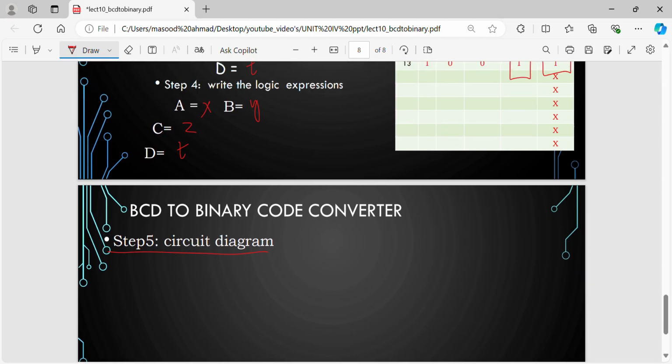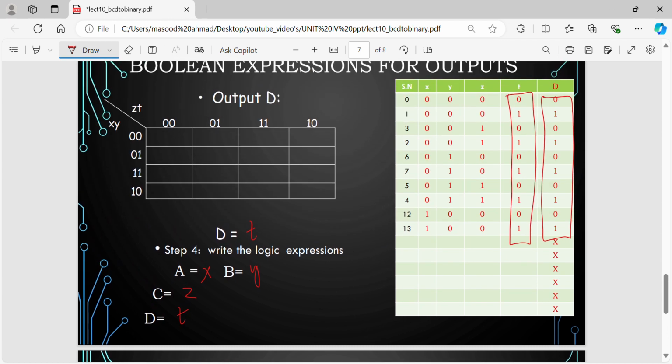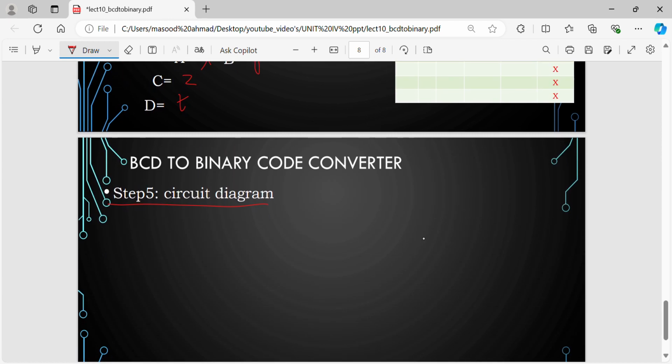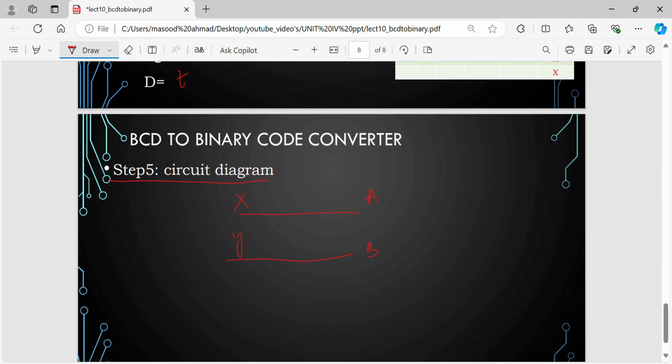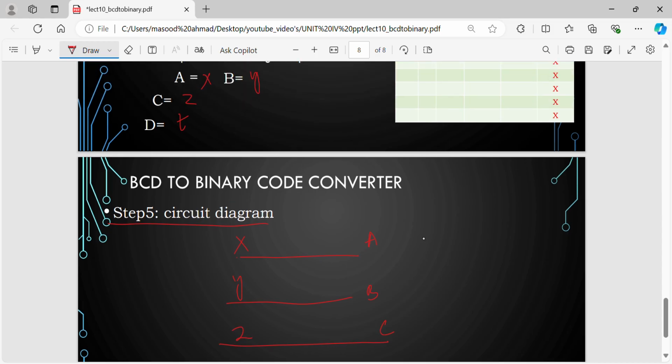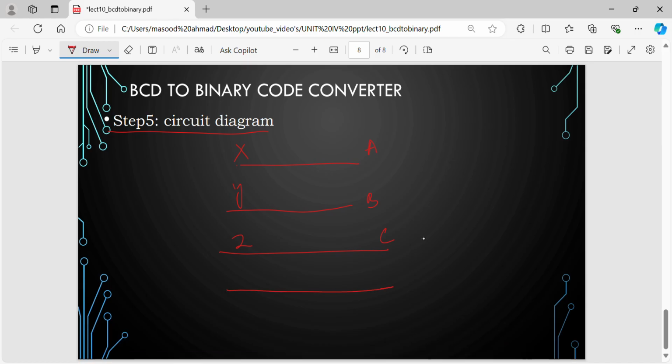You have X, Y, Z, T, and from there we are getting A, B, C, D. Your input X acts as output A. Input Y acts as output B. Input Z acts as C. Input T acts as D. So no circuit required. What is this conversion? BCD to binary.